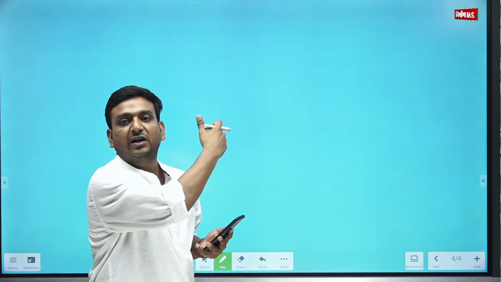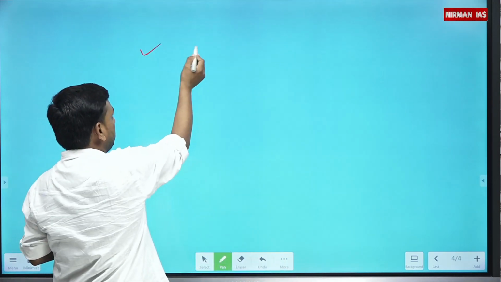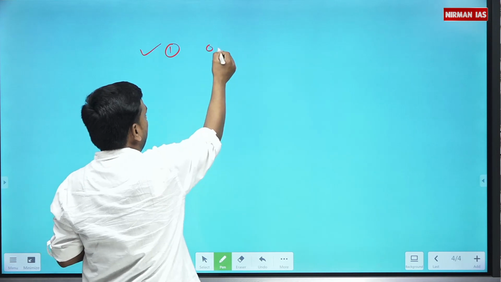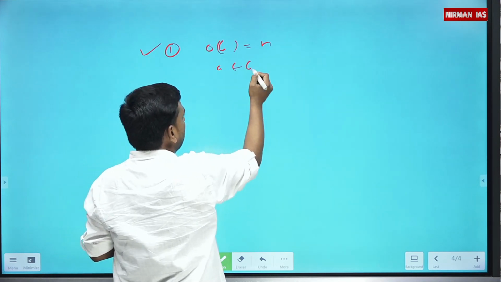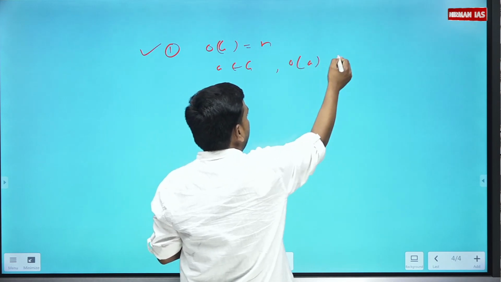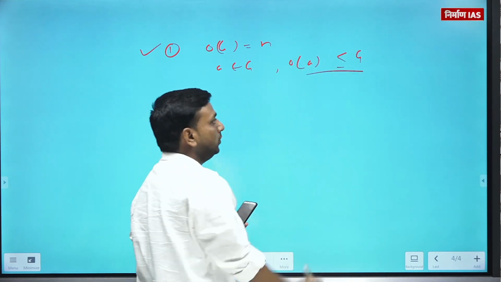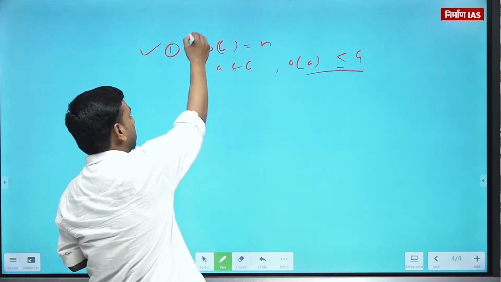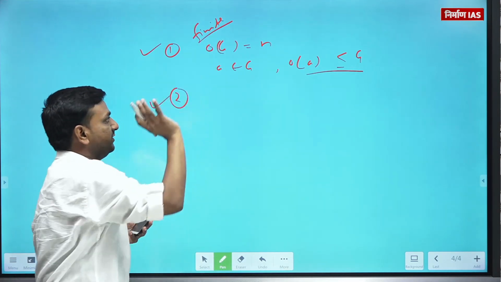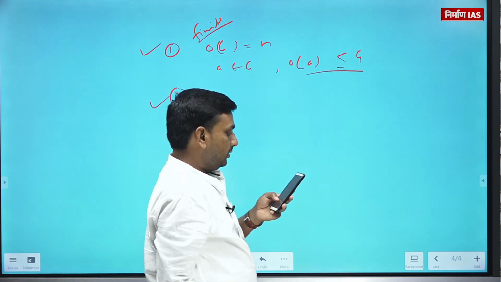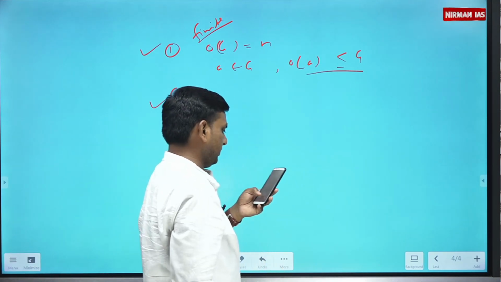If order of G is n and a is some element of G, then order of a must be less than or equal to n. Finite order I am talking about, obviously in infinite groups there can be no comparison. That is the first theorem. Proof you can do very easily, compositions only.